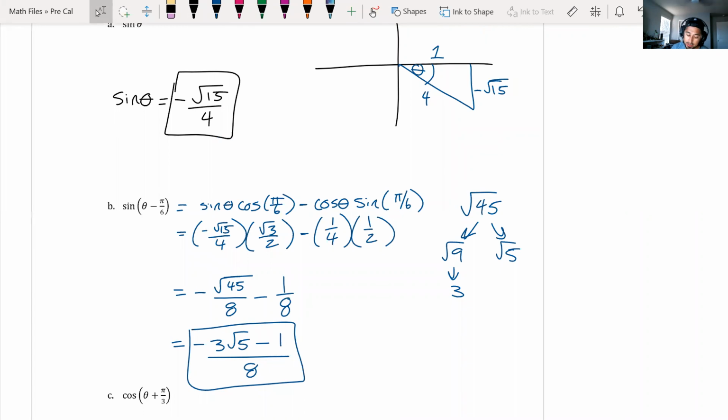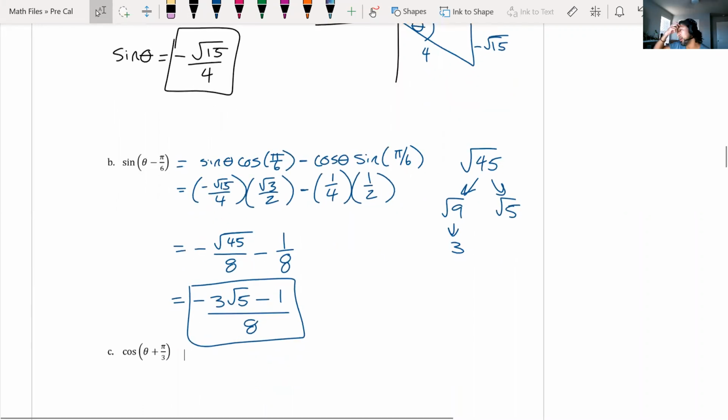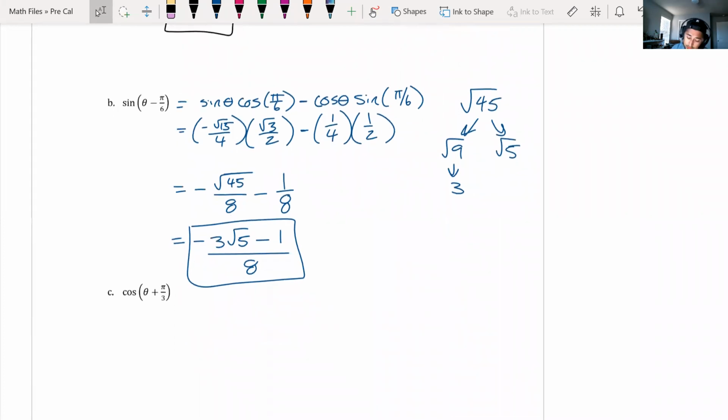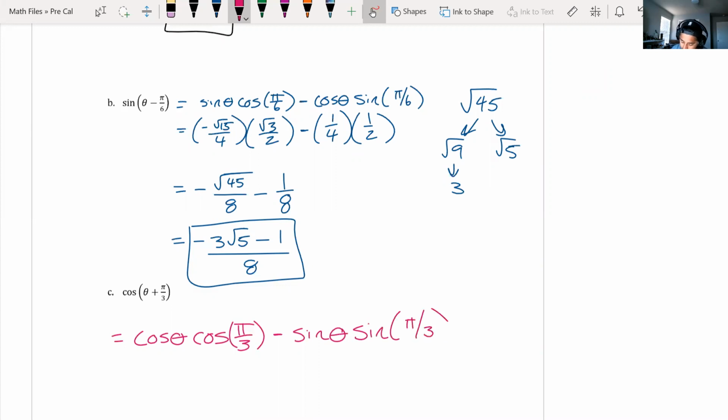And now we have cosine of theta plus pi over 3, which means we're going to use the sum formula for cosine. So this will expand to cosine theta times the cosine of pi over 3 minus the sine of theta times the sine of pi over 3.